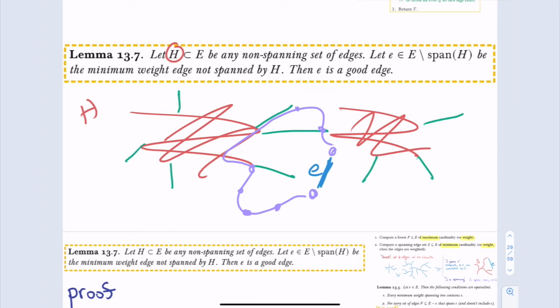But I know that, say this edge here, that purple edge, which is not red, also is not spanned by the red. Well, let me be more precise. Since E is not spanned by red, one of those purple edges is also not spanned by the red.